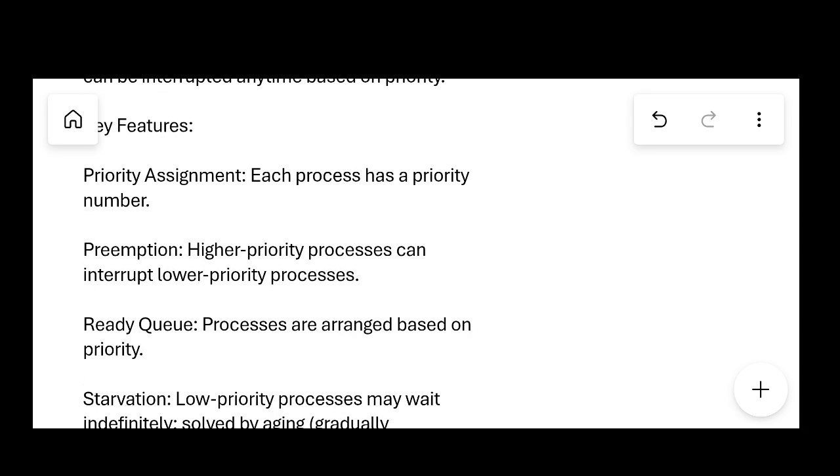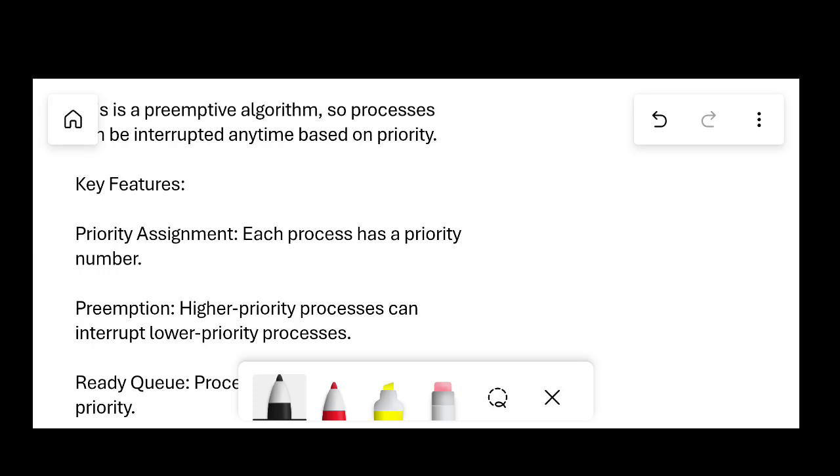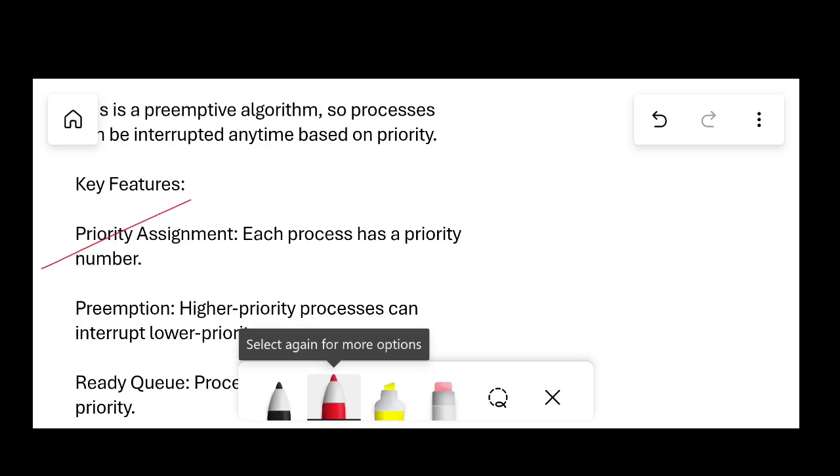So here are a few important things to remember. Every process has a priority.